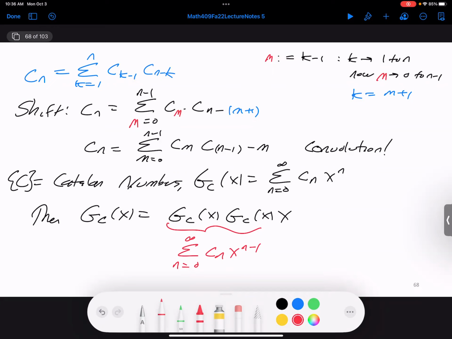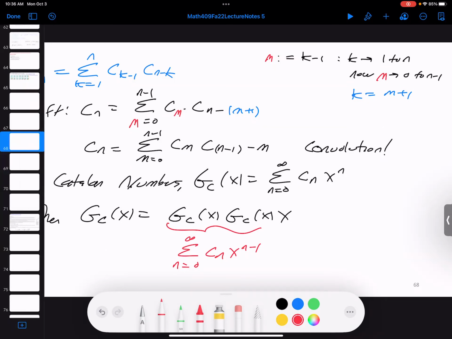There's a constant term mismatch. These are going to be well defined, but I'm going to have the x's. I'm not going to have any constant term here. I'm going to have a constant term over there. And so when I'm trying to do this formula, I have a problem.